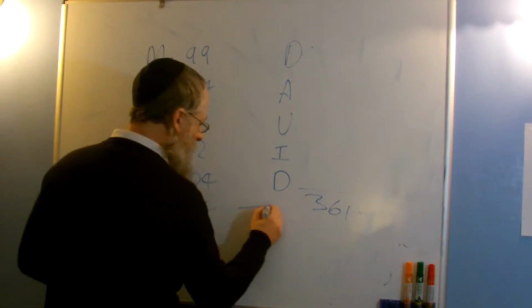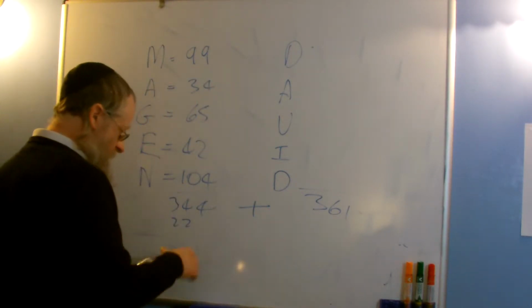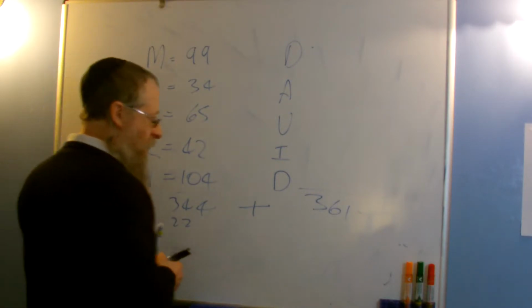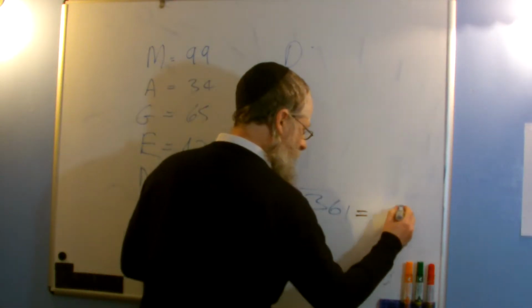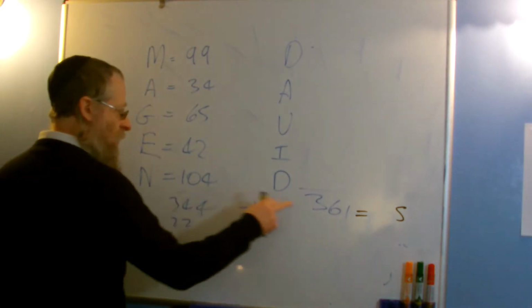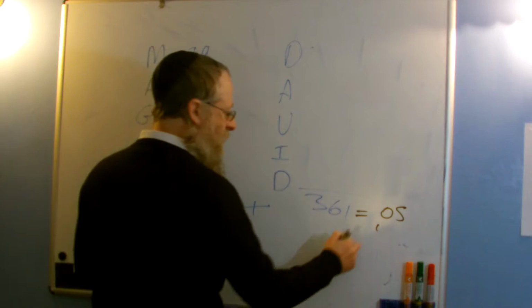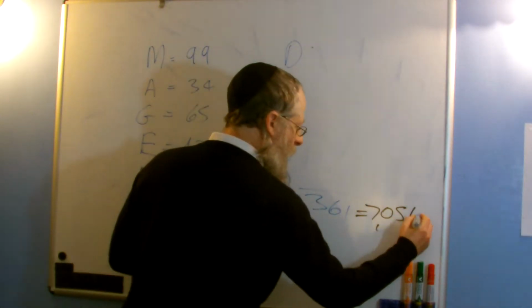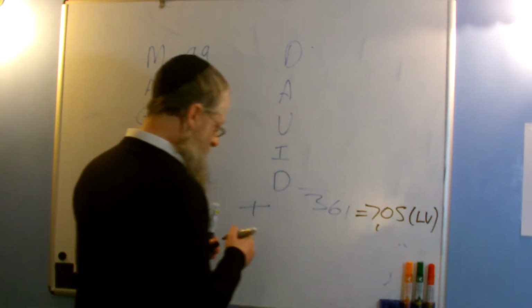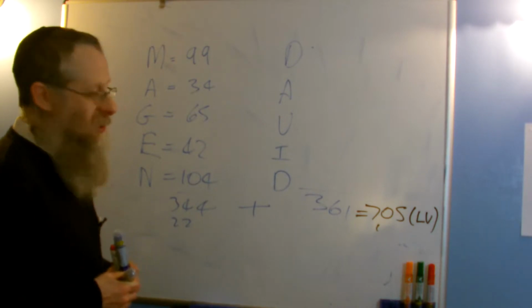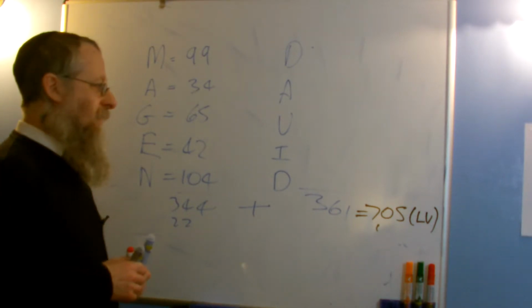If I add now those together for Magen David, 1 and 4 is 5. 4 and 6 is 10. Let's carry 1. 3 and 3 is 6 plus 1 is 7. So now the large value for Magen David is 705.